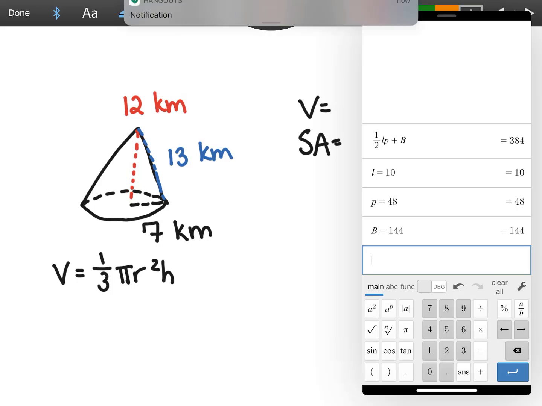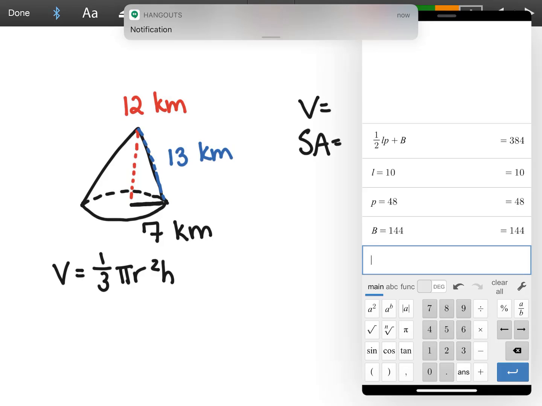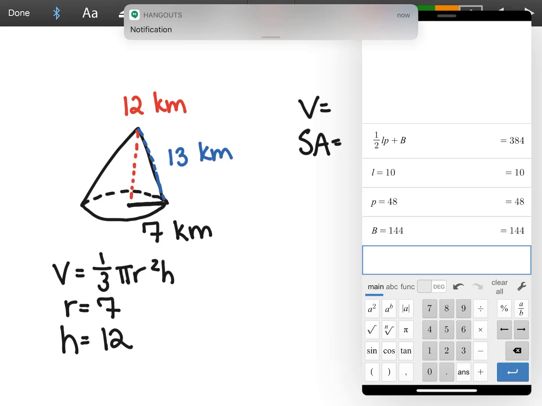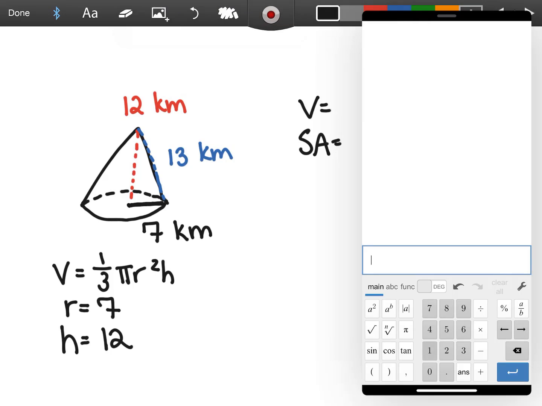In this example, our radius is here. It goes from the center of the circle to the edge. So r is equal to 7. Remember that the height goes through the middle of the cone. So our height is 12. We're going to put this information into Desmos and we're going to round to the nearest hundredths place.